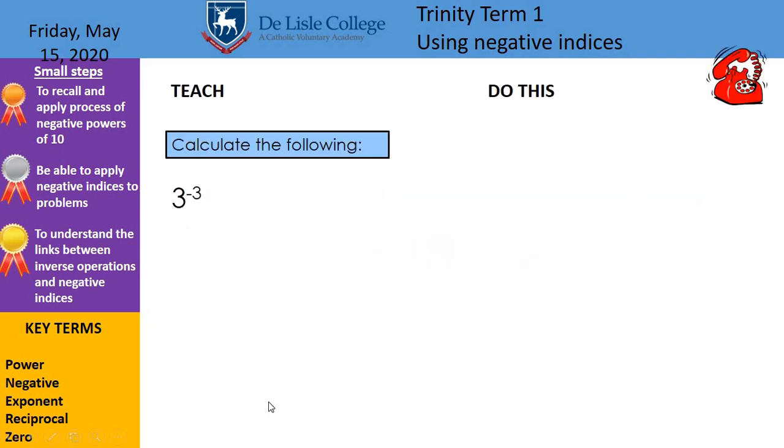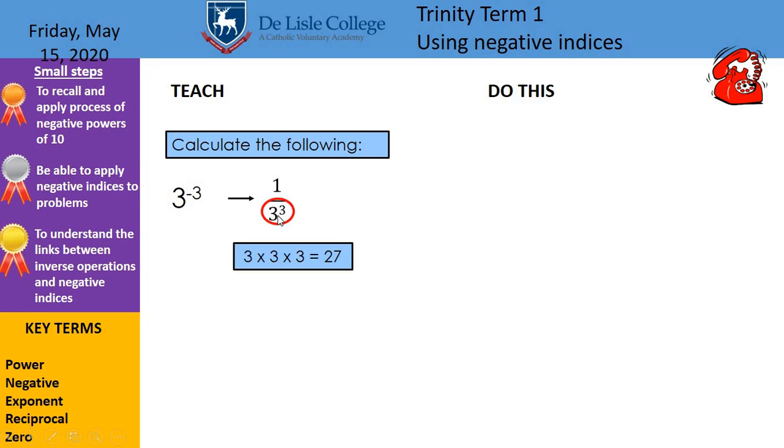Okay, right, we're going to look at the next stage, so not just powers of -1, but other negative powers, so other negative exponents. So this time we've got 3 to the power of -3. Now the general rule is still the same. You turn it into a fraction over 1 and 3 to the power of +3.